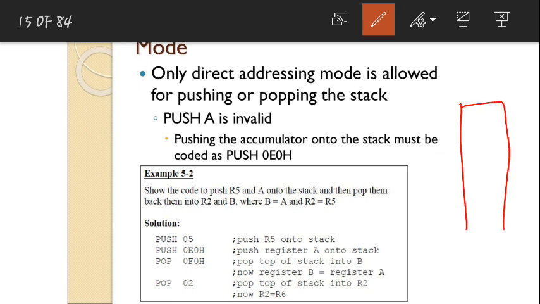Next we'll take some numbers and I'll show you the operation. If this is the stack, I already told you the initial position where the stack is pointing is the 07H location.